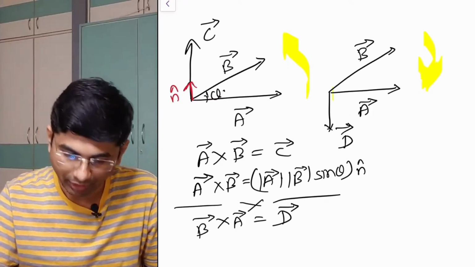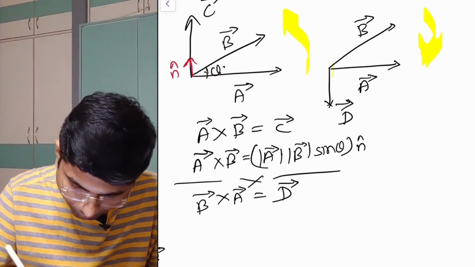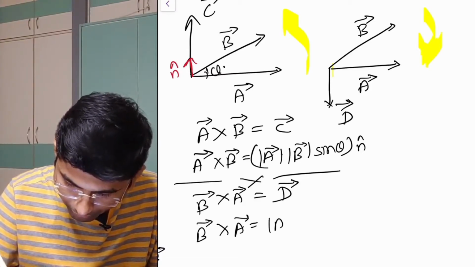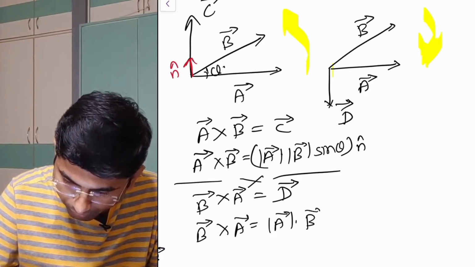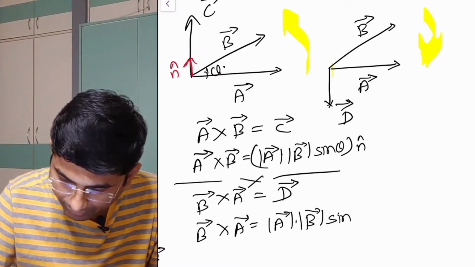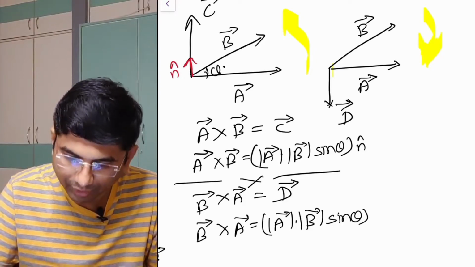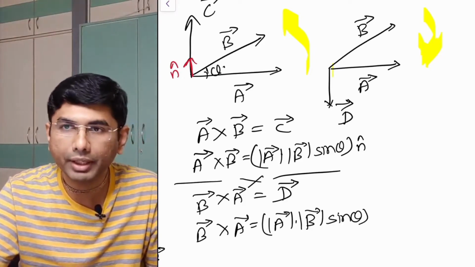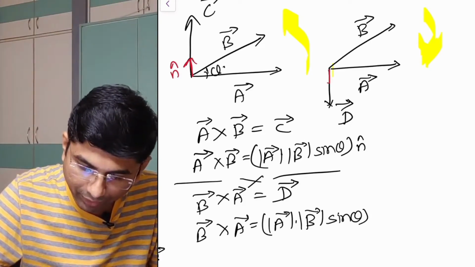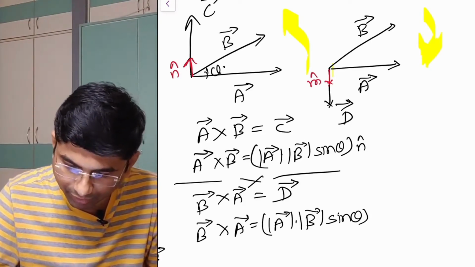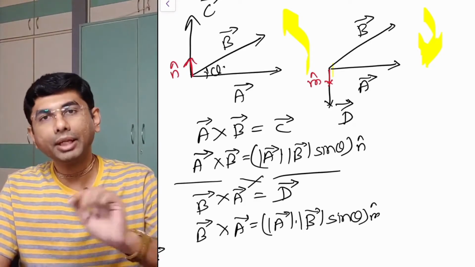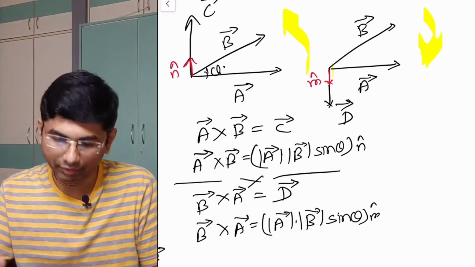Magnitude they will be same. I can write it like this also. B vector cross A vector can be written as magnitude of A vector into magnitude of B vector into sine theta. But now here I have to make another unit vector, maybe m. We can write here m vector. Now m is the unit vector here, it will be written as m cap. Now we know that n cap and m cap are opposite, both are unit vectors.